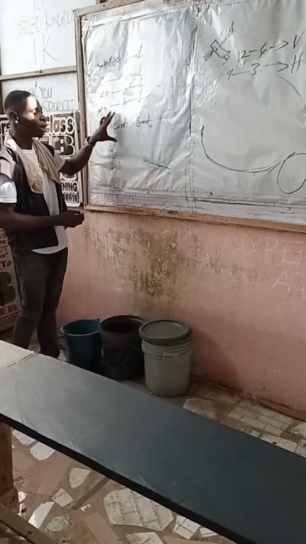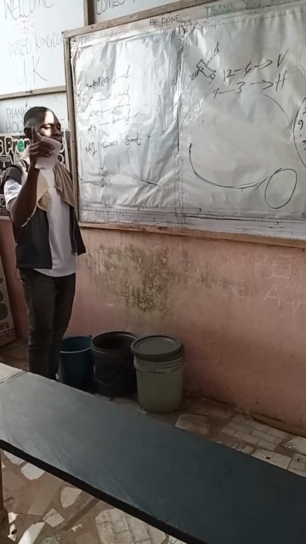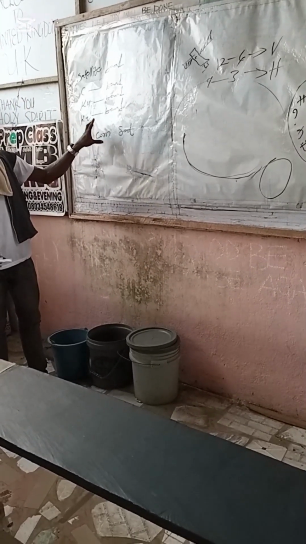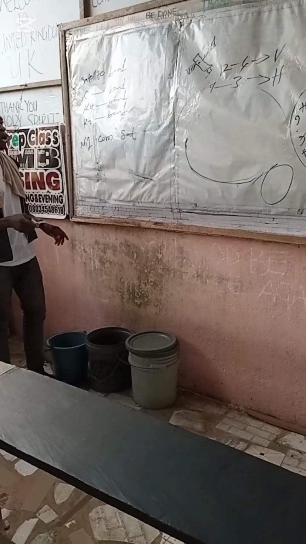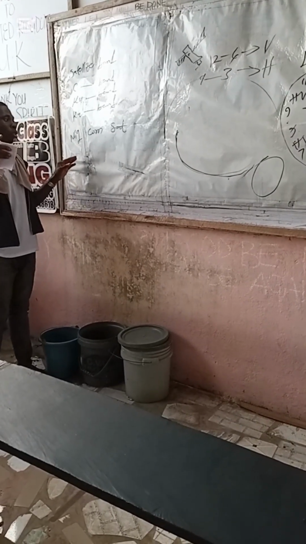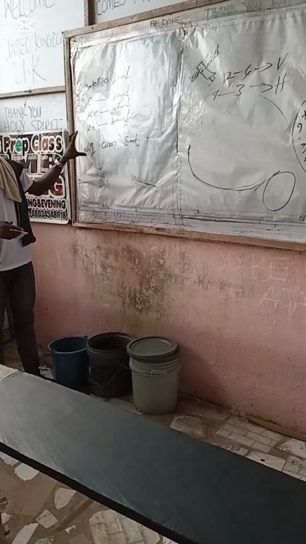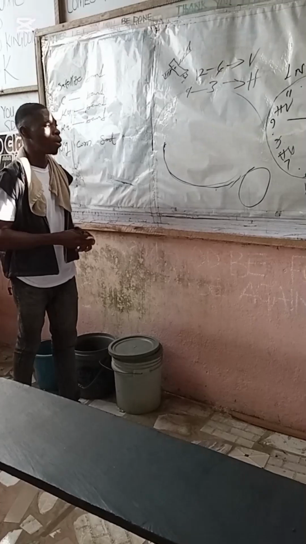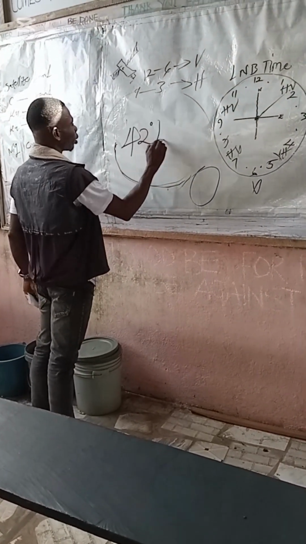The last question, Enetia also asked me about the full meaning of NICOMSAT. Please, if you are online, pick a book and write the full meaning of NICOMSAT: Nigeria Communication Satellite, at 42 degrees east.